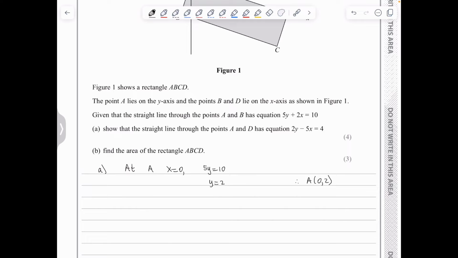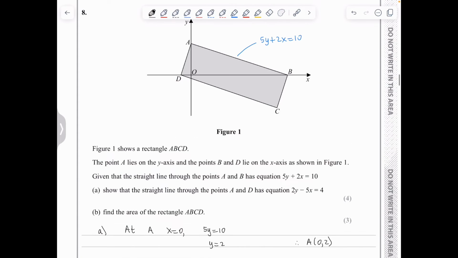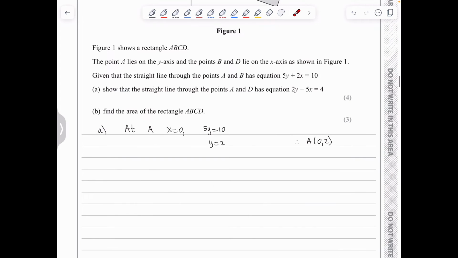I will then use the fact that the line through A and B is perpendicular to the line through A and D in order to find the gradient of AD. I will start from 5y plus 2x is 10, and make y the subject of the formula. So we have that 5y is minus 2x plus 10.